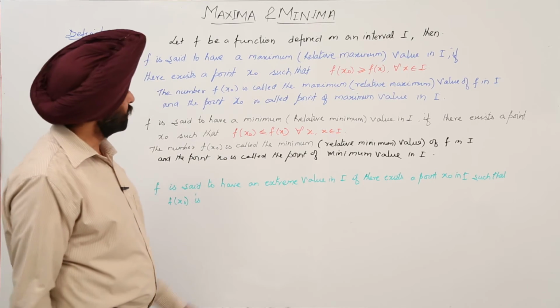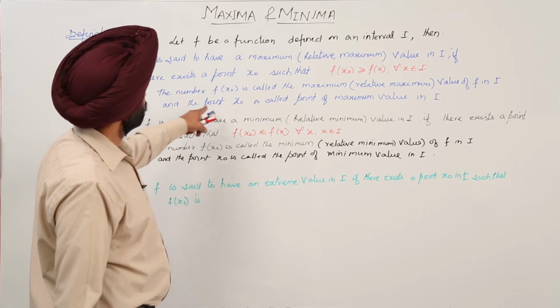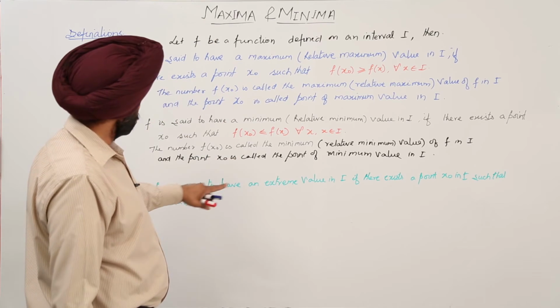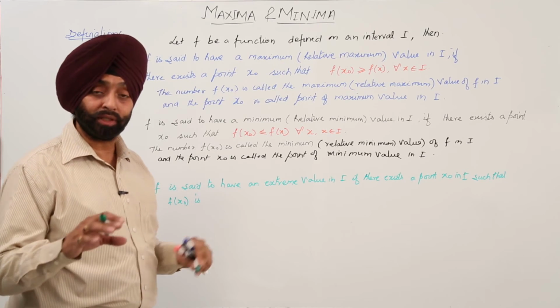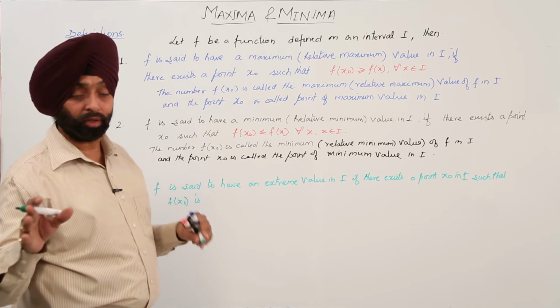Now what happened? On the top side we had a maximum point, in the second one we had the minimum point. Now here we have the extreme value, either maxima or minima.